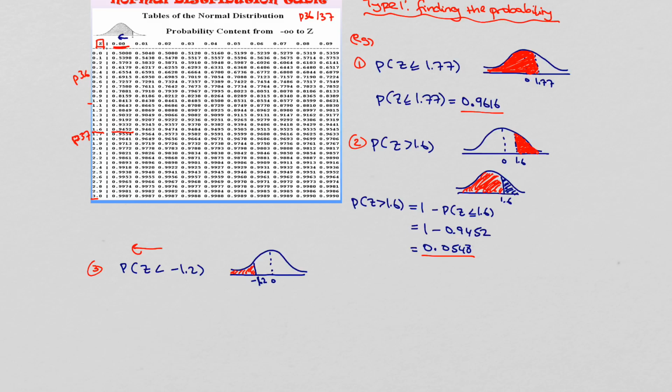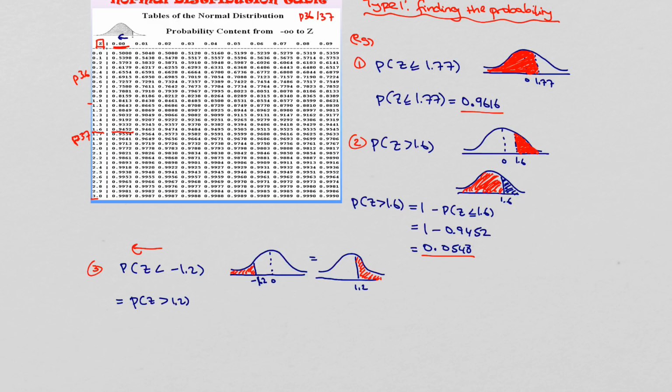So again, we're using the fact that we have symmetry. So that is the same as 1.2, and it would be symmetrical with greater than 1.2. Okay, so in other words, this probability is equal to the probability that Z is greater than 1.2.